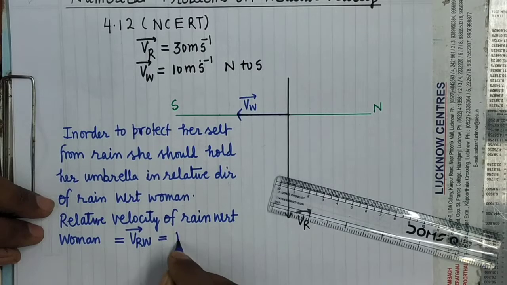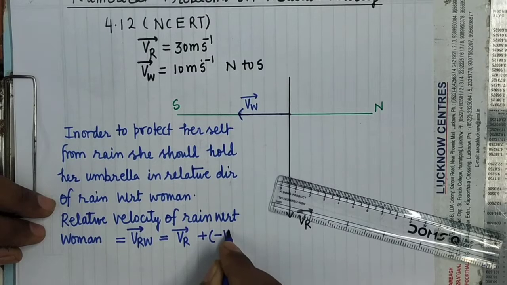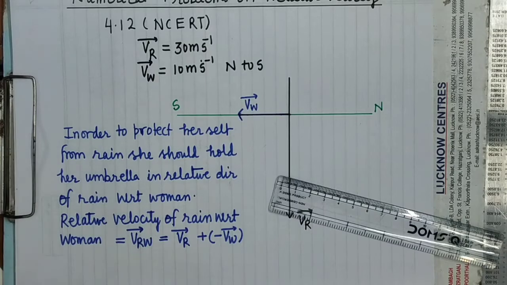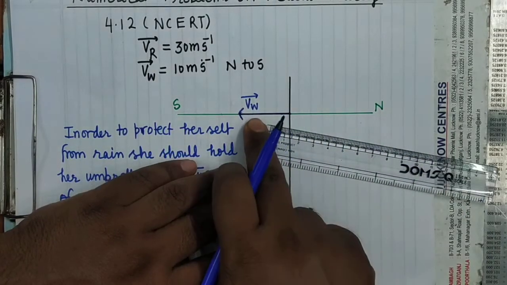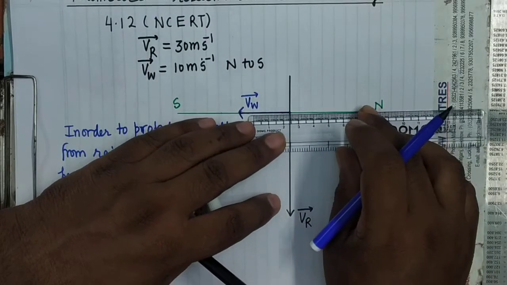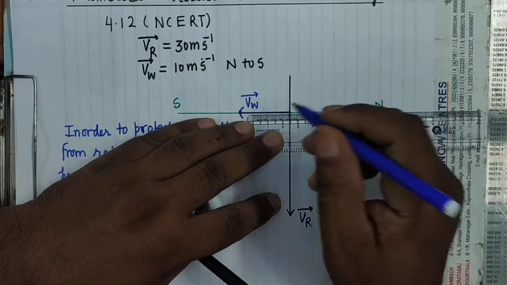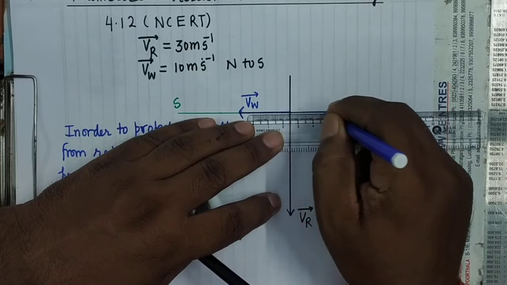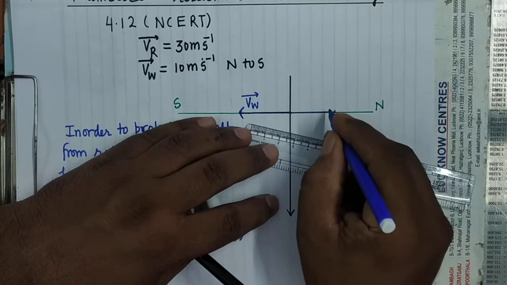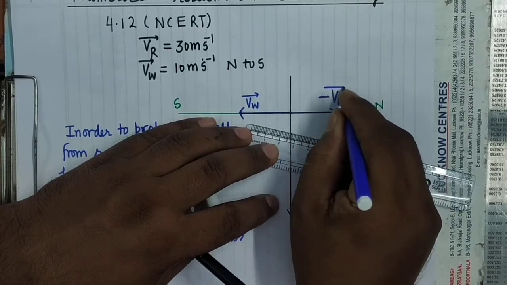It will be equal to vector VR plus negative of vector VW. Now see here, what will be the negative of vector VW? Vector of the same length but in the north direction, means you make it, so it will be this. Here you can see, this will be negative vector VW.